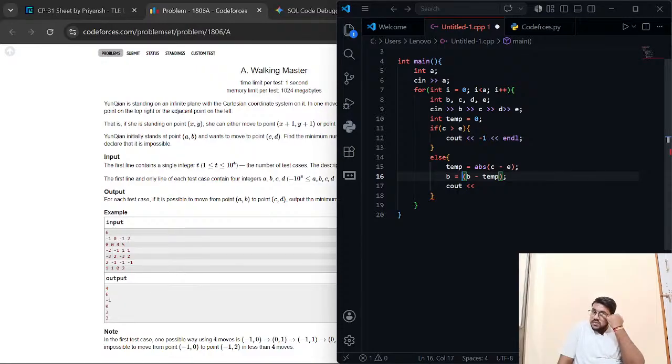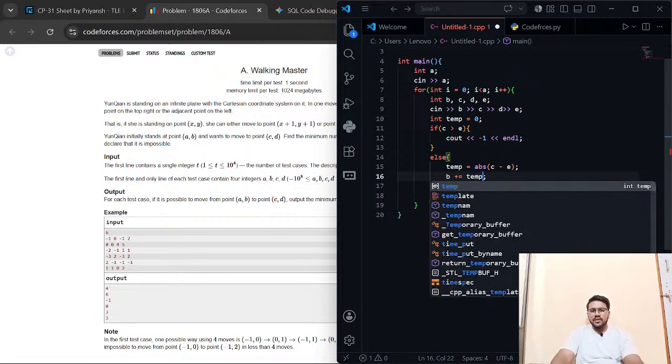Now what I'm doing is, temp will be the number of moves, I mean 5. Then b will also increase by temp, right?